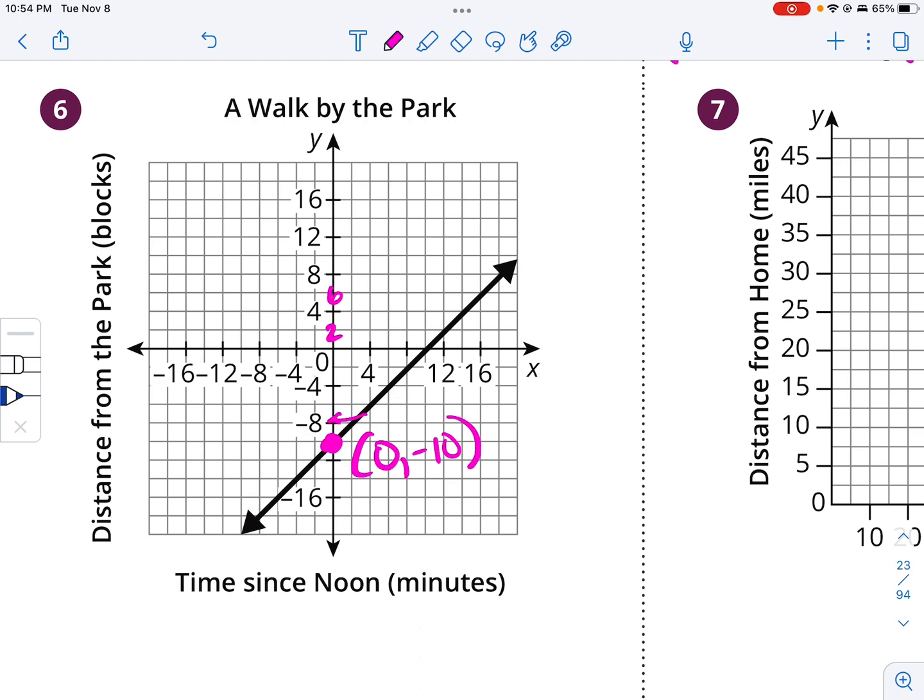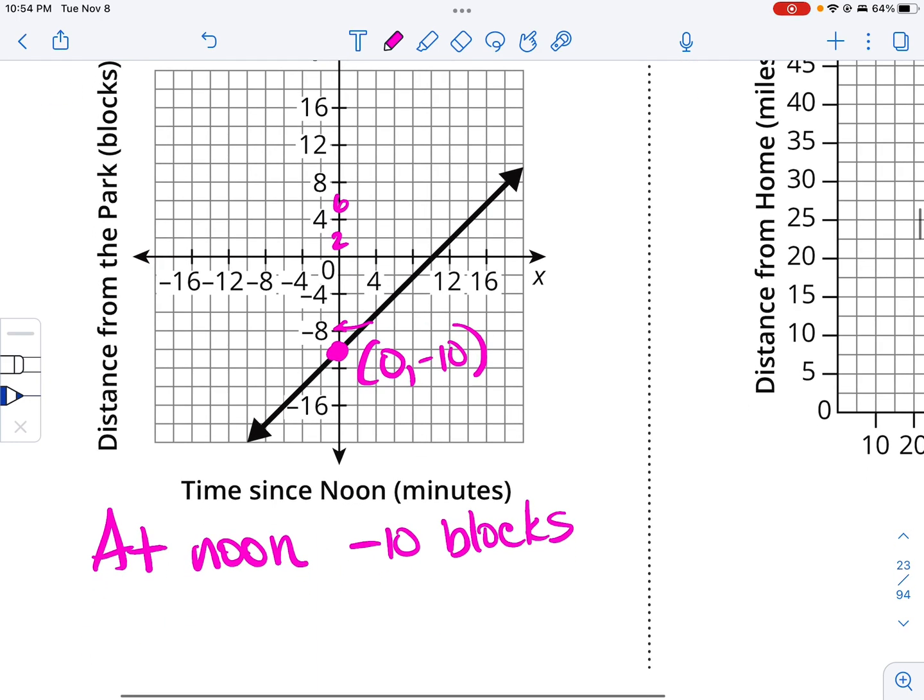So distance from the park. It says time since noon. Well, at 0 minutes, that means at noon, they're -10 blocks from the park.